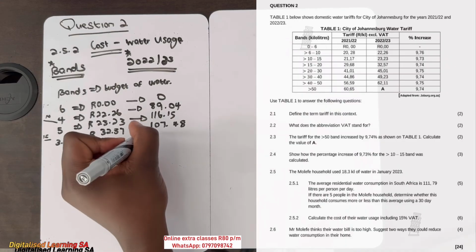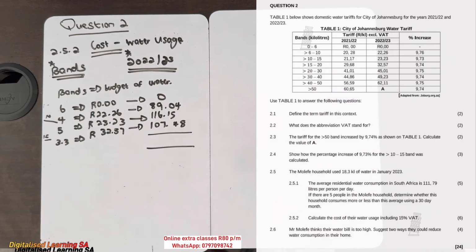So now let's get the total cost before VAT. Remember, we are told that we need to include VAT. So now we are calculating the total cost before we include VAT. Total cost before VAT. So it's 89.04 plus 116.15 plus 107.48. Let's quickly rework it, I think I made a mistake.